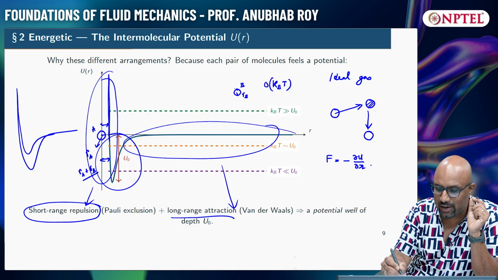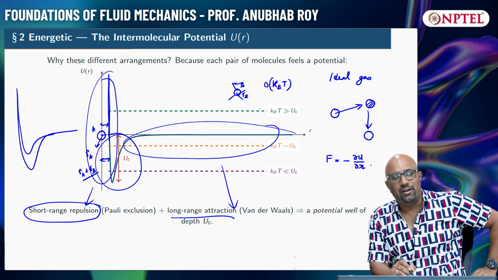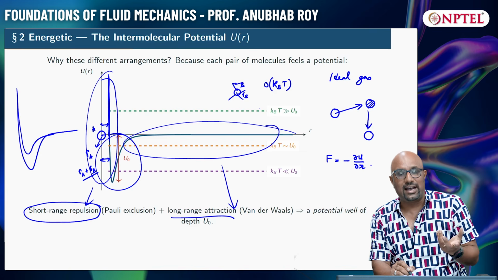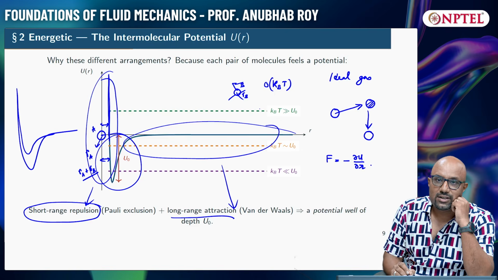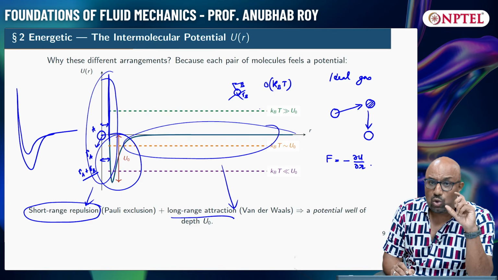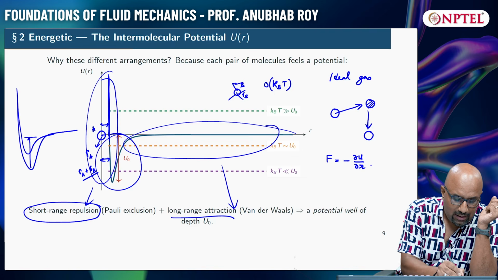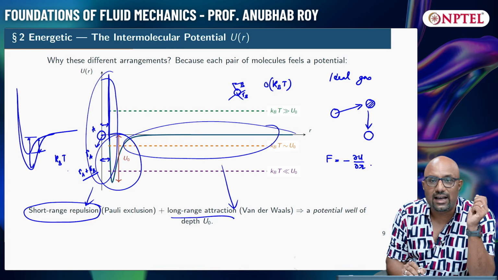So at a given temperature, the molecules are constantly executing a certain thermal behavior, and this thermal fluctuation gives you an energy scale which is kBT, kB being the Boltzmann constant and T being the temperature in absolute units. So now you can compare the depth of the well vis-a-vis whatever is the thermal energy scale in the problem.